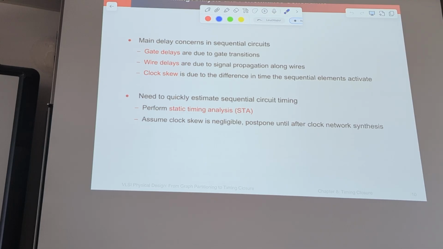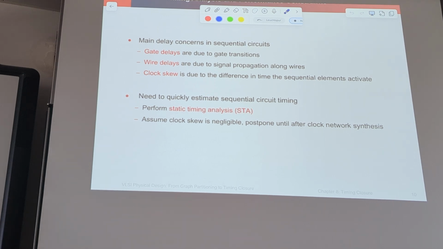I had no wire delays in the inverter, but we saw from looking at the PDK that the wire introduces a capacitive load. It will change timing, so you can also say that the wire has a delay, so the wire delays. And what was ignored is clock skew, so your clock will arrive at different times.